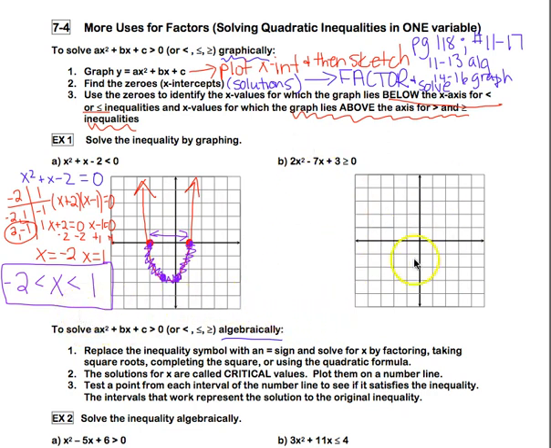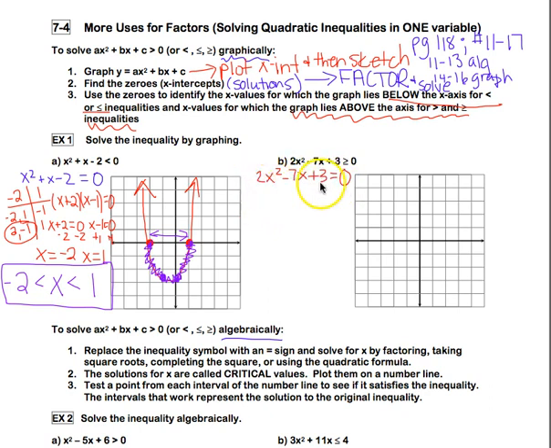All right, so now let's look at another example of solving graphically. So, first thing I do, again, is take out my greater than or equal to and temporarily put in an equal sign. So equals 0 here. Now I'm going to solve by factoring.